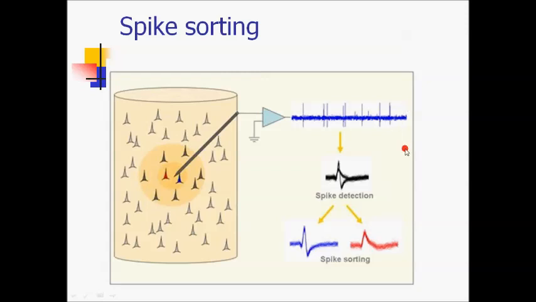Okay, so to summarize this part, I showed you that if we stick an electrode somewhere close to neurons, and if we amplify the signal and filter it, we will see spikes, and after filtering it is easy to detect them just by thresholding.